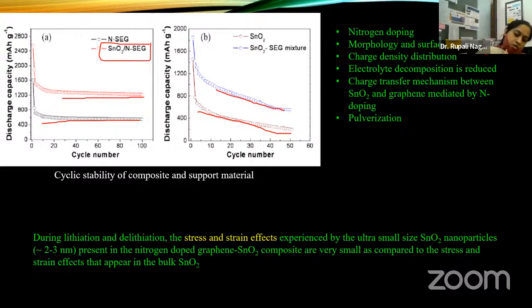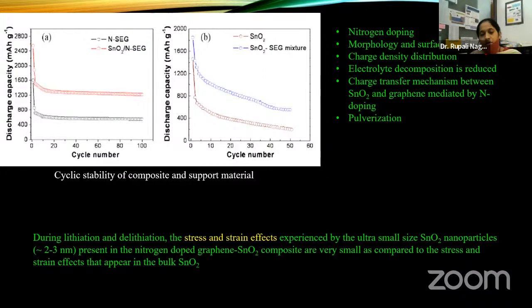So this composite has helped in improving the performance of the cell as compared to using only the metal oxide particles or only metal oxide on graphene support. Here, the nitrogen doping has also shown dramatic performance, where the stability was quite good.